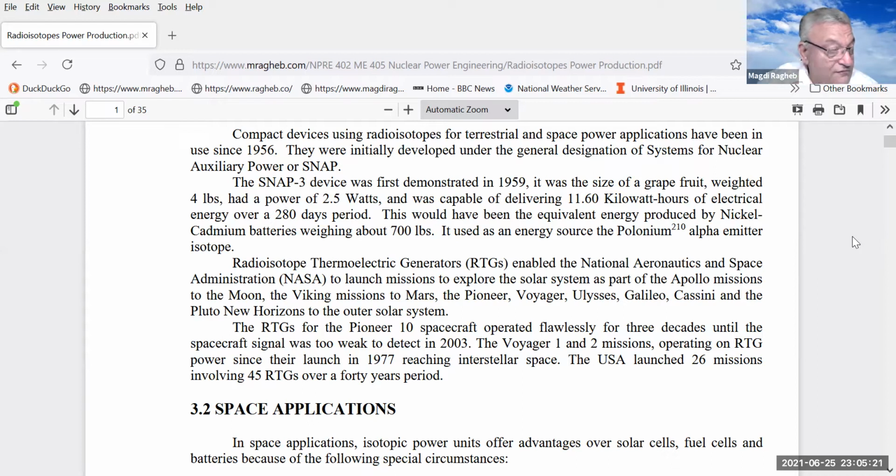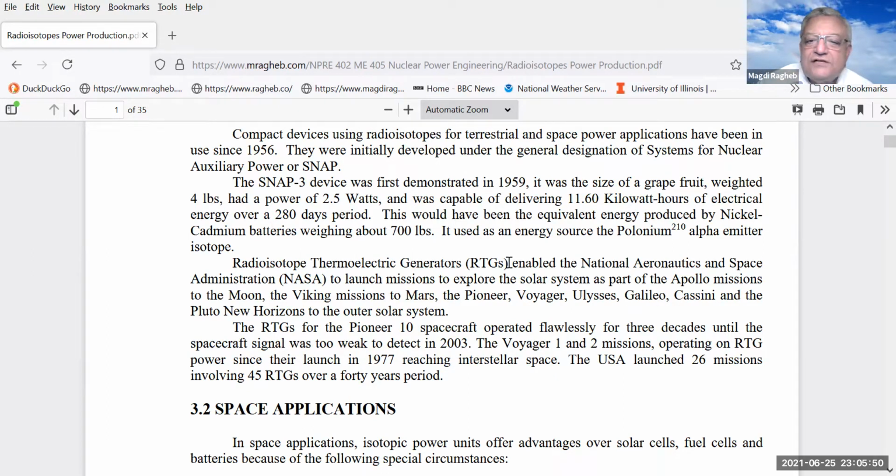The production of electricity from radioactive materials, from radioisotopes, is designated as radioisotope thermoelectric generators. RTGs is the acronym for it, and you may like to explore the NASA site. Just go there and explore how the RTGs are being designed, manufactured, and used in general.